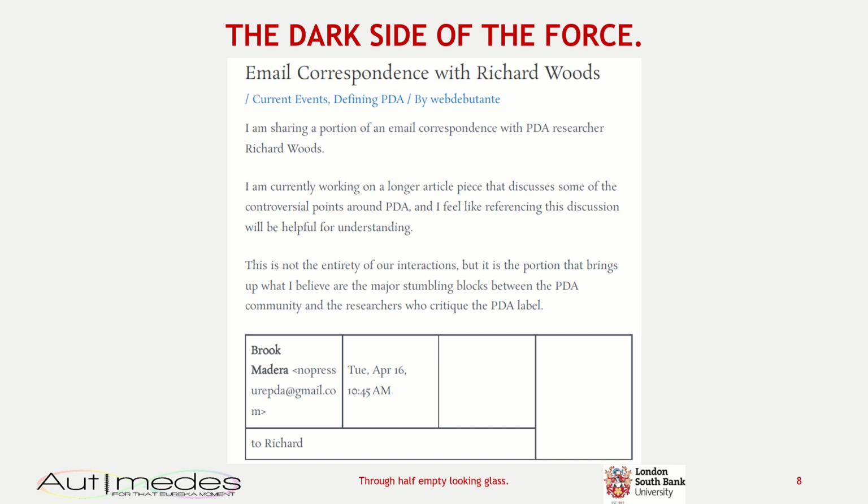But I was expressing demand avoidance to interact with them because, if you're aware of my previous videos and views on the topic, certain PDA profile autism advocates like Brooke Madeira, shall we say, frequently express behaviours that are attacking me and have a negative impact. So I was expressing demand avoidance to corresponding with them.